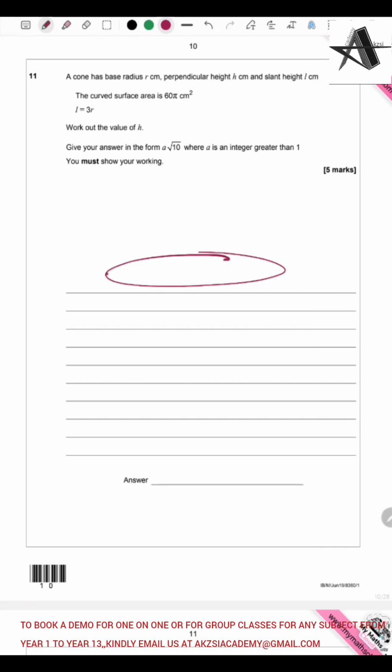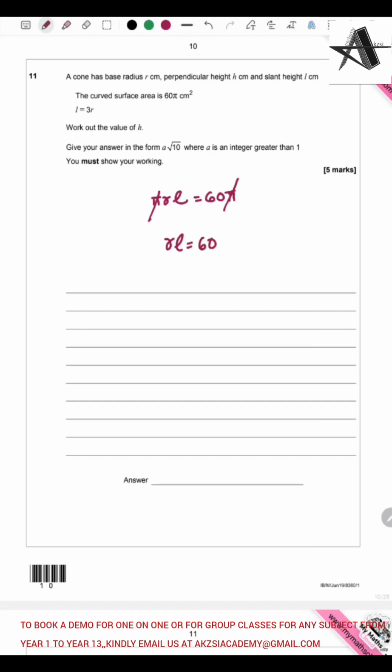This is cone. This one, that is the conical part, is called the curved surface, and its area is equal to pi rl. So surface area is pi rl, and this is equal to 60 pi. So that's why I equated it. Cancelling pi and pi, rl is equal to 60.